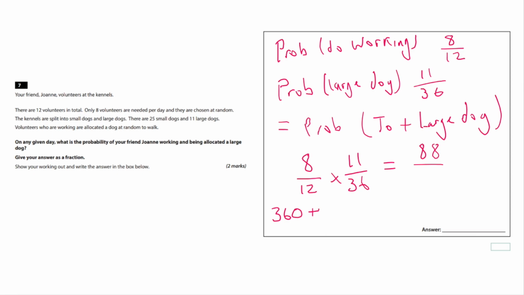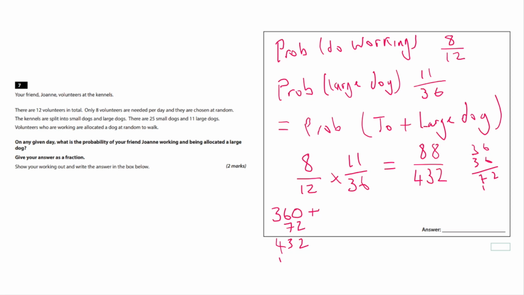So we could just quickly jot these down together here. 36 times 2 is 72. Add this to the 360. 432. So that's what's going to be at the bottom, the denominator of this large fraction.